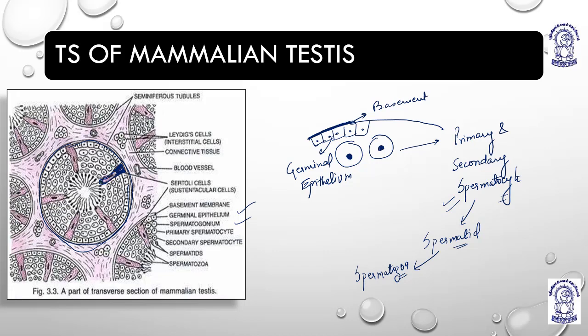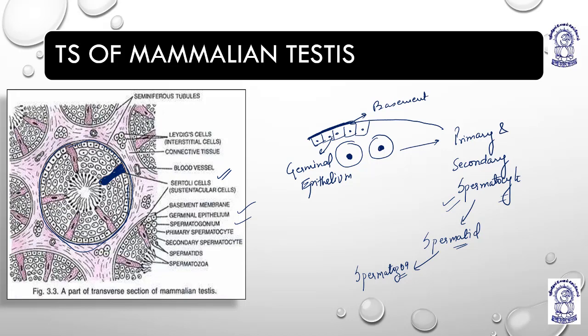These Sertoli cells are nutritive in function. As I have explained, they are also known as sustentacular cells, and they help to provide nutrition to the developing sperm.